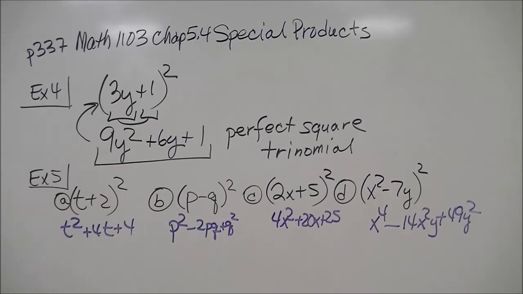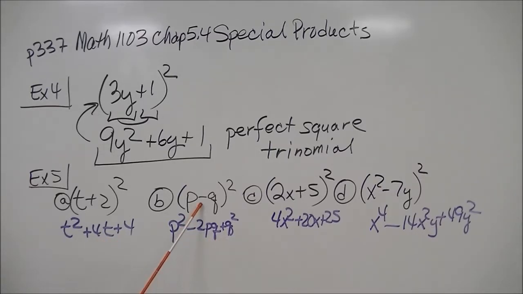Now again, it's through practice that you master this. Again, these are all perfect square trinomials, where the end terms are perfect squares, and the middle term, if you take the square root of the end term and double it, you get the middle term.